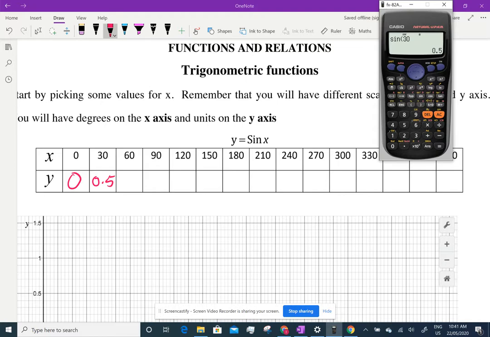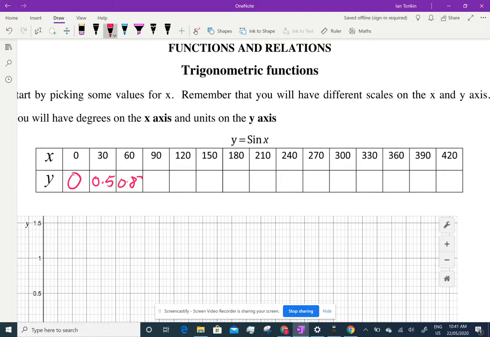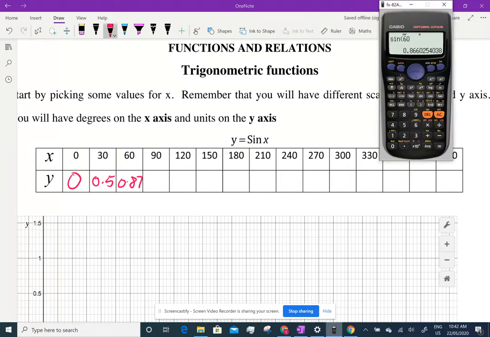Sine 60 is 0.87. Sine 90, and you just keep going through these.